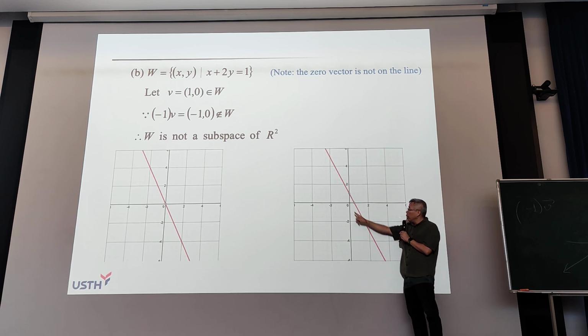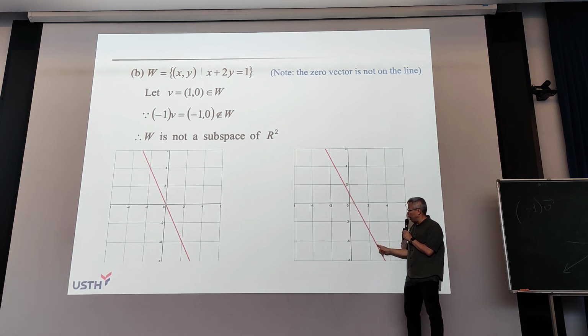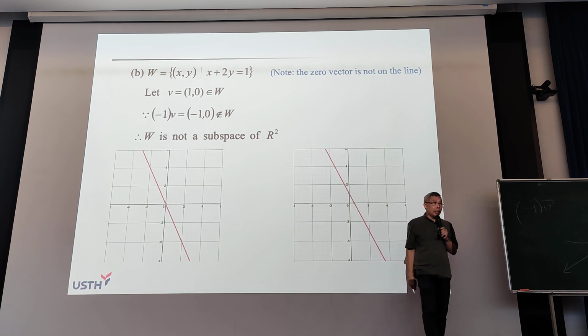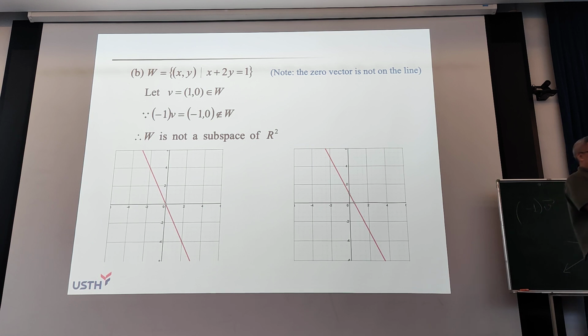Also, if you take that vector and that vector and add them together, you will get something outside, and it is no longer lying on the red line here. So property number 1 is not satisfied.